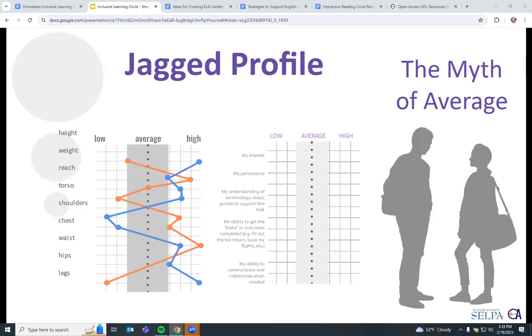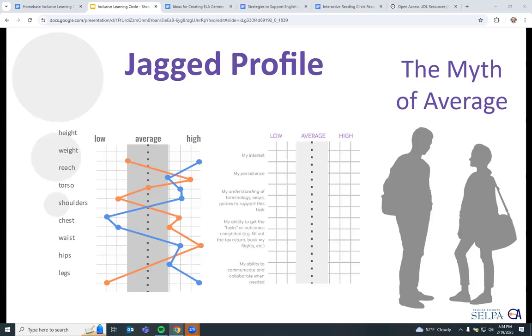All right. So we're going to look at this jagged profile, and this is debunking the myth of average. If you've heard of Todd Rose's book, The Myth of Average, he discusses this idea of a jagged profile. When comparing two human beings across multiple dimensions, such as physical body parts, we can see a vast variety. In his book, Todd Rose talks about creating cockpits for pilots and the search for the average size pilot, to create a cockpit that would allow everyone to access the controls and sit comfortably.